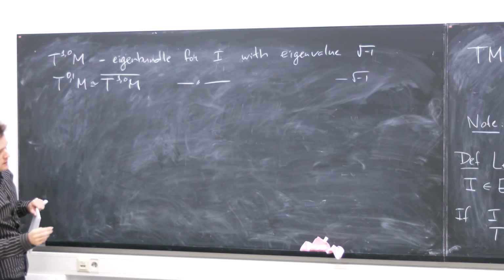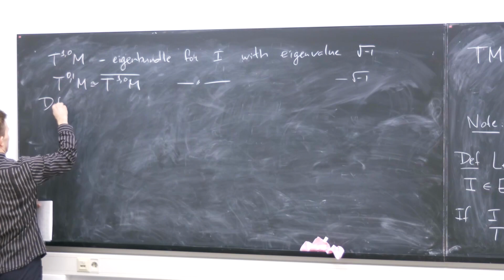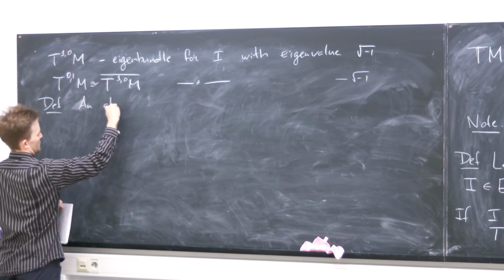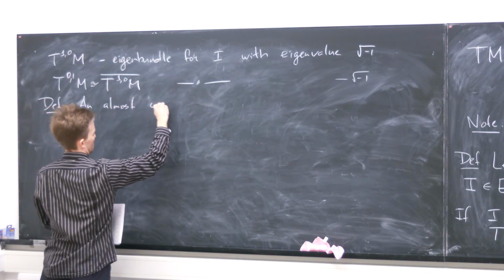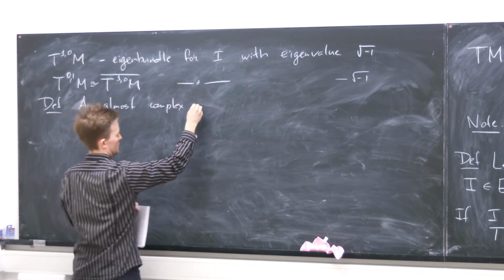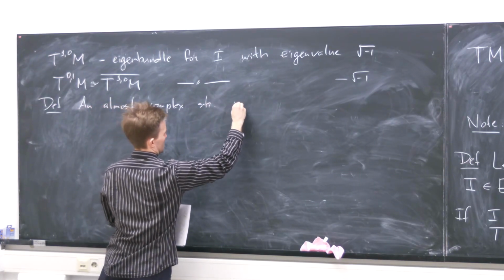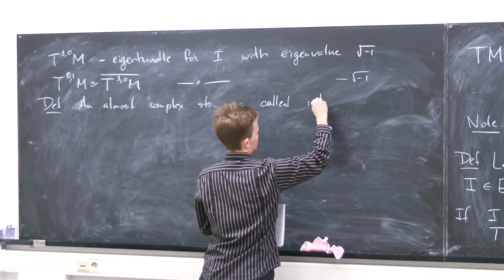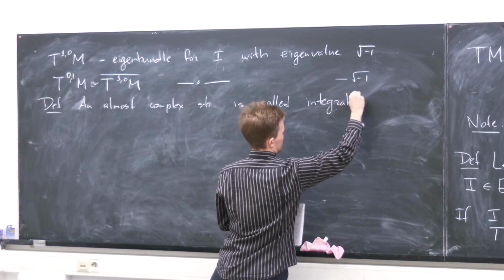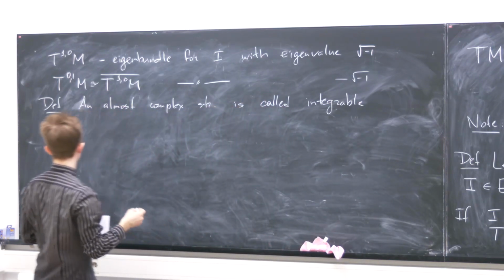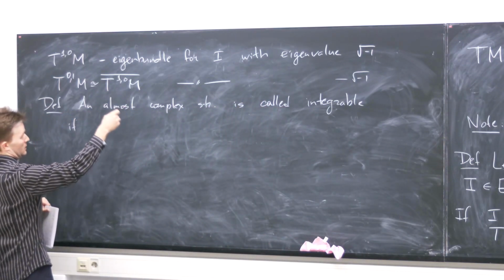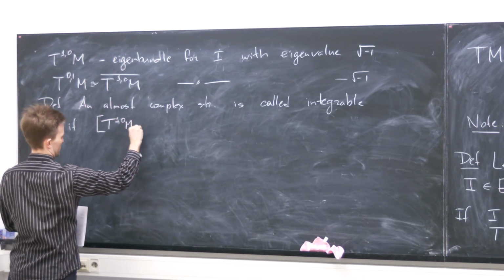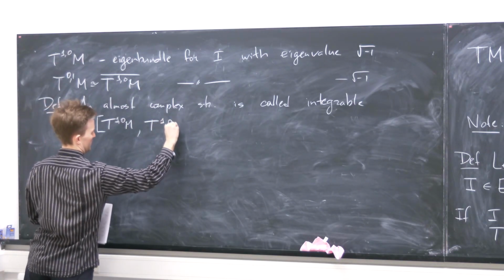And then I, an almost complex structure, is called integrable if the subbundle T10, for example, is closed under Lie bracket.